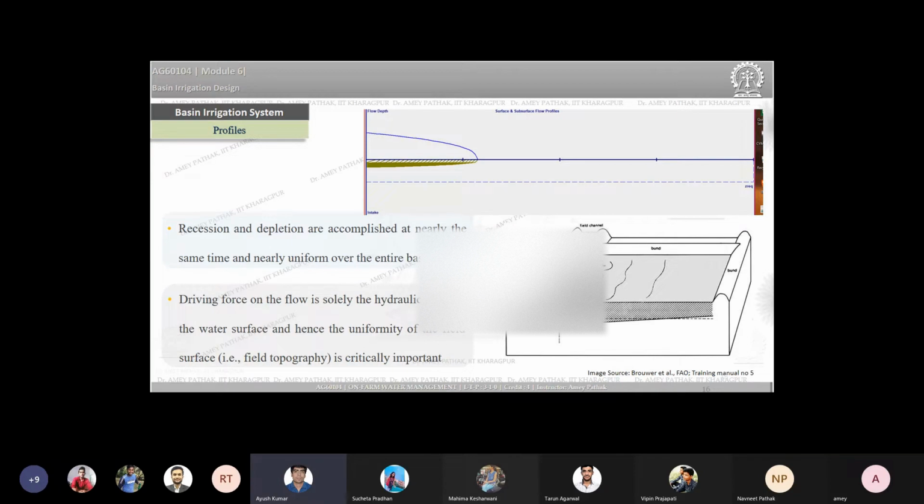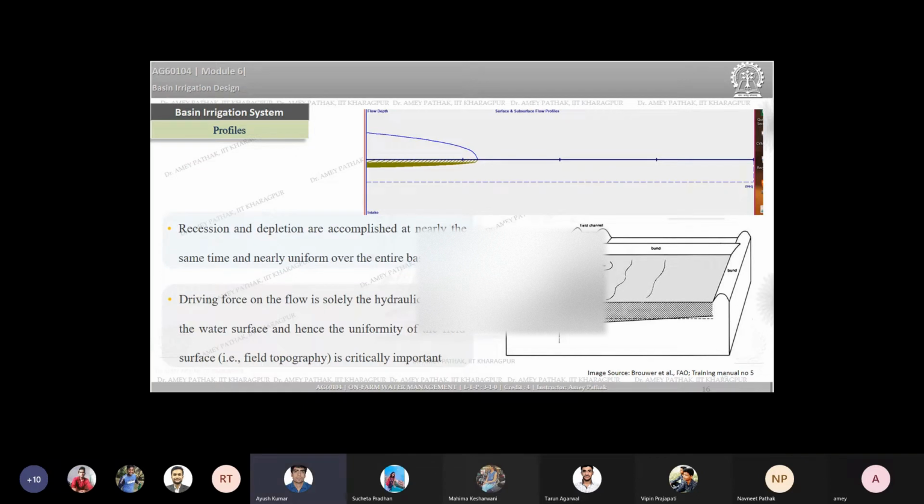Yes, bed slope, channel slope. Okay, and after that, what do we have? Sir, friction? Yes. Okay.